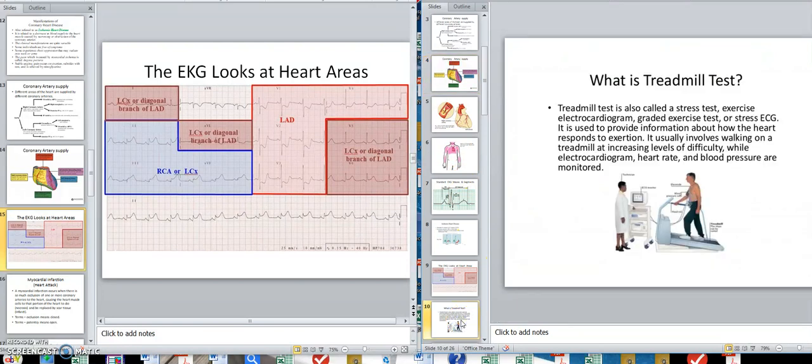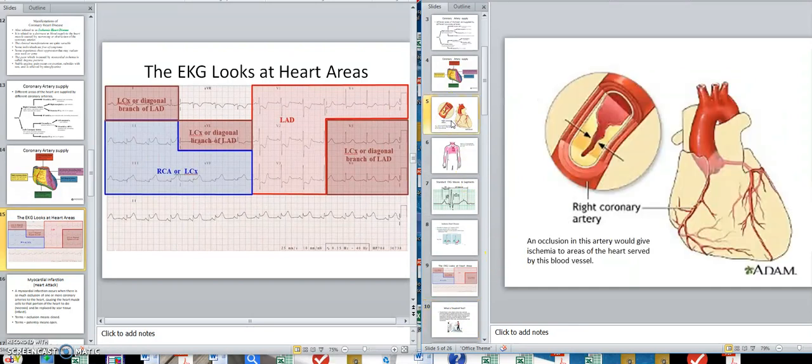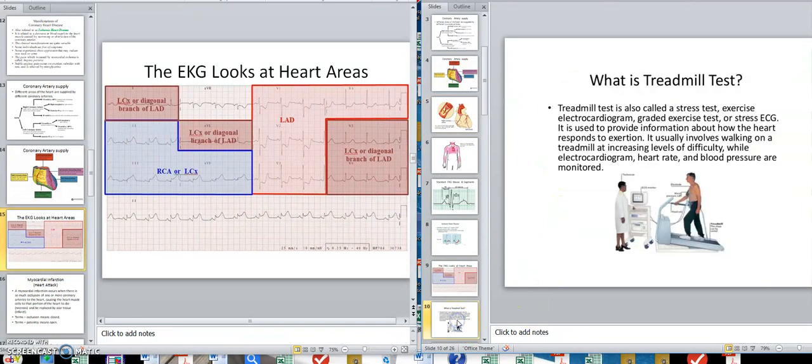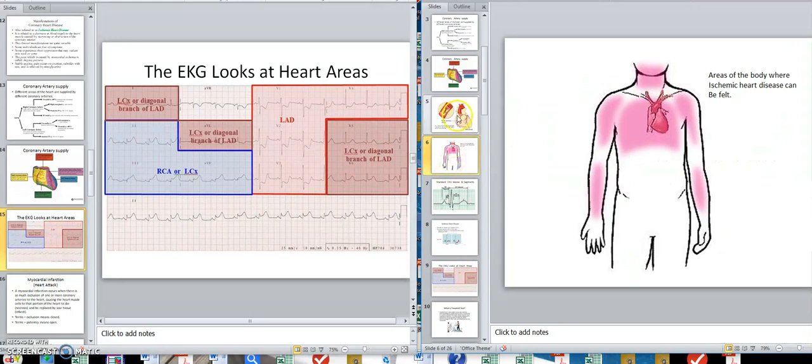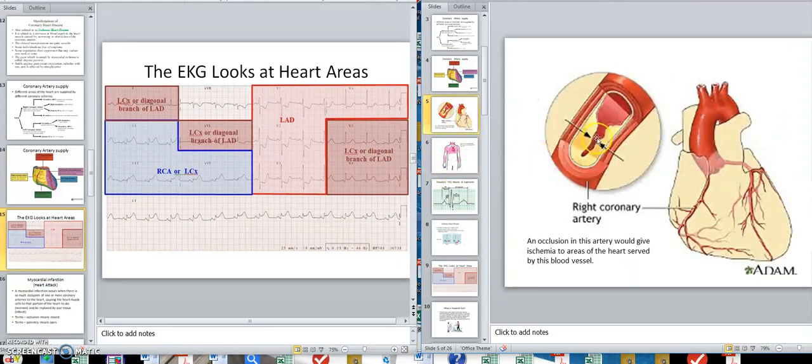Now, I go a little further. Most individuals, though, if they have a mild closure, a mild occlusion here, may not suffer any pain or anything except on exertion. So they'll say that when I was shoveling snow or I was running, I started getting these pains, which means the occlusion was not that much, but when the heart really needed a higher blood supply, it couldn't get it because it was partially occluded.